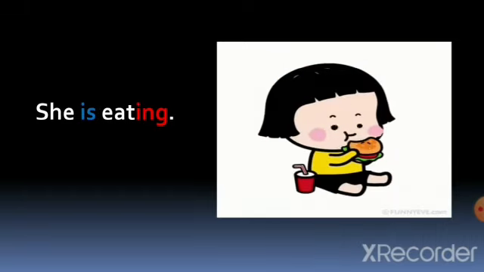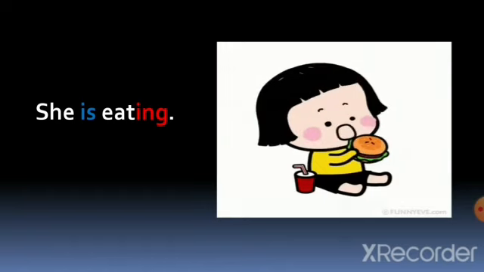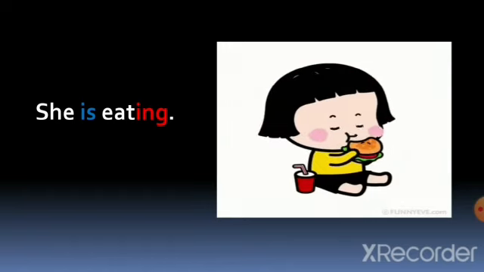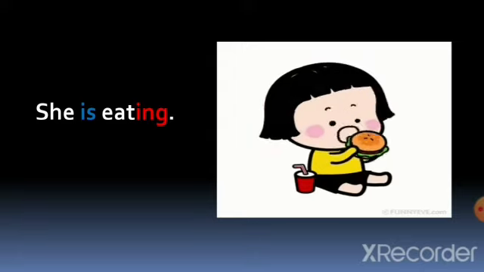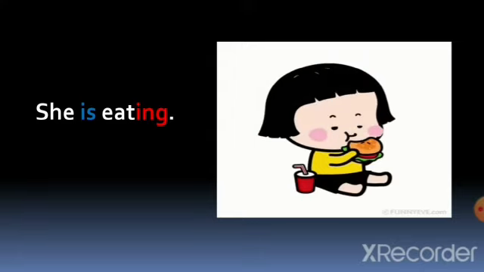Some more examples. I am reading. Am is added with the verb read, which is ending with ing, that is reading. So it's a present continuous tense. She is eating. Here is is added with the verb eat, which is ending with ing, that is eating.